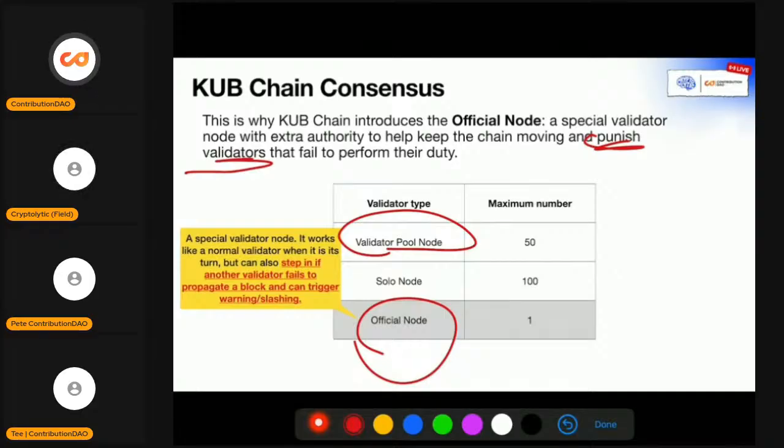But by the way, they have the official node to take control to ensure that the whole network will be healthy. Yeah, you can think of it like that. In my opinion, it's like the police that oversee all of the nodes. If some node misbehaves, the police just get in and use a gun or something to hit you, or jail you, some stuff like that.